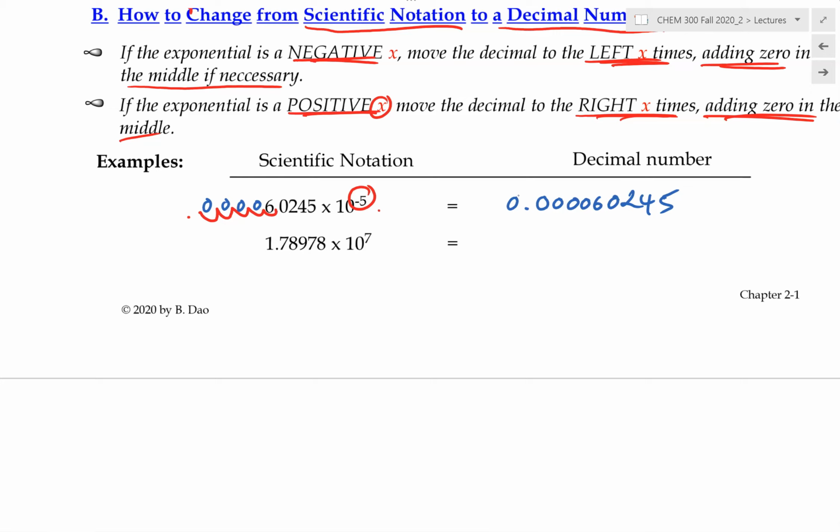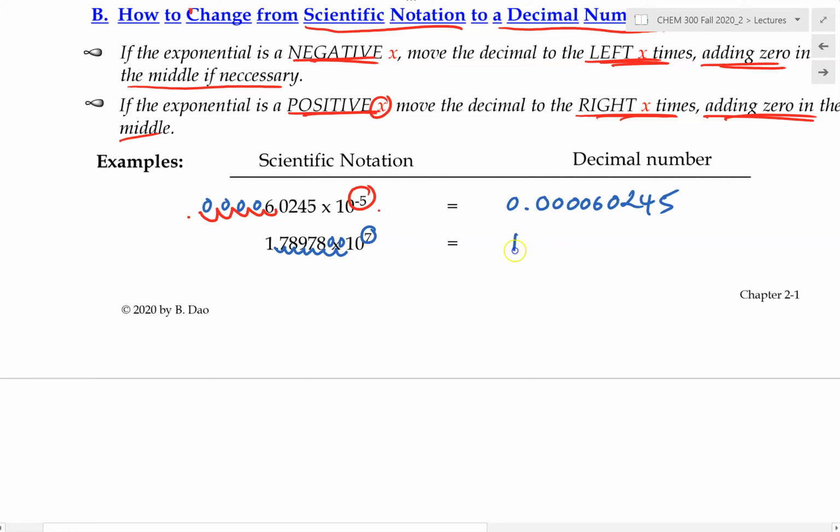And now let's try another example. Here is a scientific notation. Let's now convert this into a decimal number. So in this case, we have a positive 7 exponent. So now we're supposed to move the decimal to the right 7 times, right? So 1, 2, 3, 4, 5, 6, 7. So that basically means we have to add in 2 extra 0.